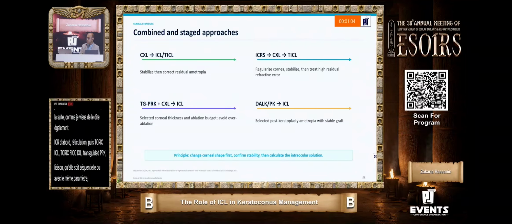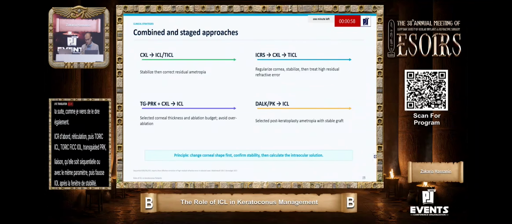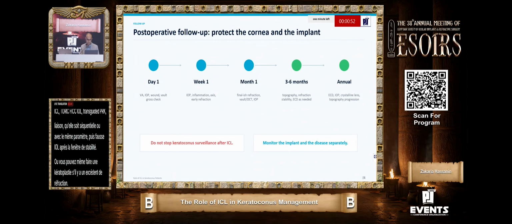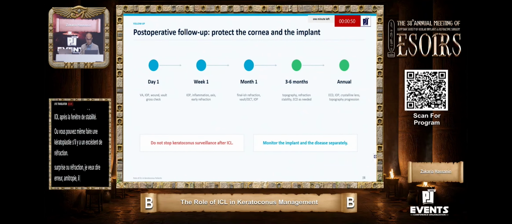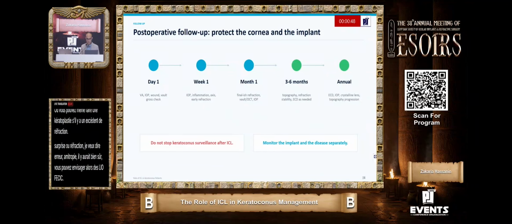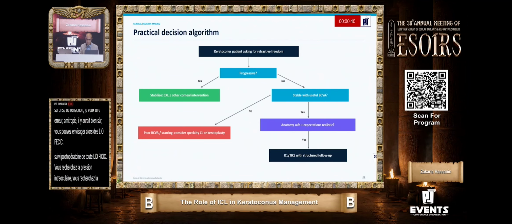Or you can even do keratoplasty, and if there is a refractive error, ametropia, you can then consider phakic IOLs. For post-operative follow-up of any phakic IOL, you look for the intraocular pressure, you look for the inflammation, all that stuff, day 1, week 1, month 1, 3 to 6 months, and then annually.